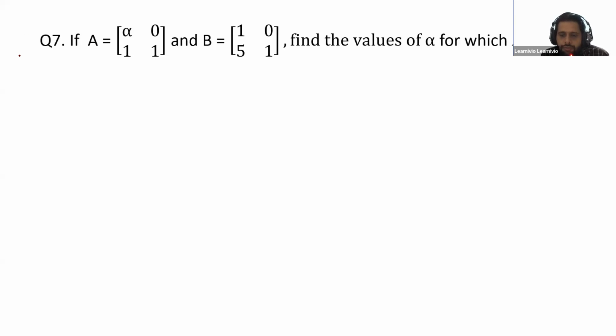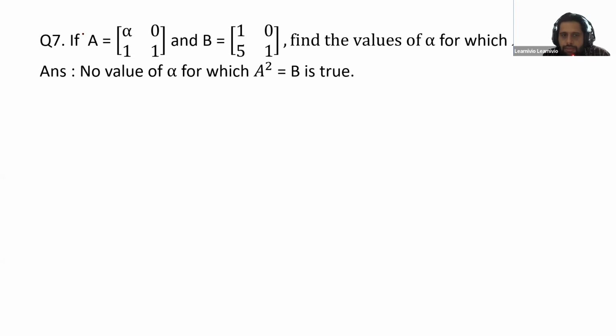Plus minus one. I'm correct, sir. Alpha is equal to plus minus 1 and 4. So there is no common solution. That's why there is no value of alpha for which A square is equal to B. Okay.